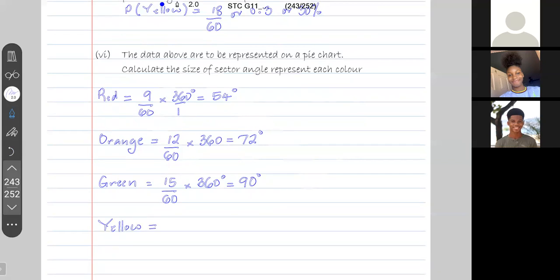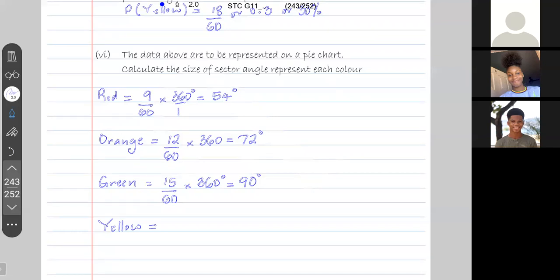Now, what I notice is this, yellow is 18, and 18 is 2 times 9. Remember, red was 9 students. Yellow is 18 students. So here's the issue. If you double the data, you're actually going to double the sector angle. So red, which is 9 students, is being represented by a sector angle of 54 degrees.